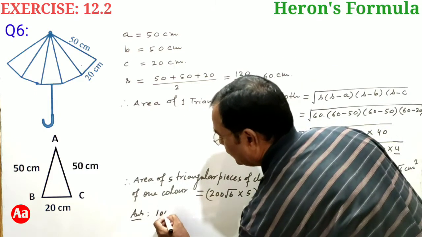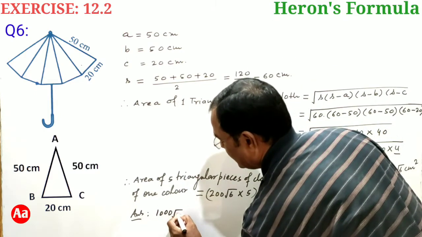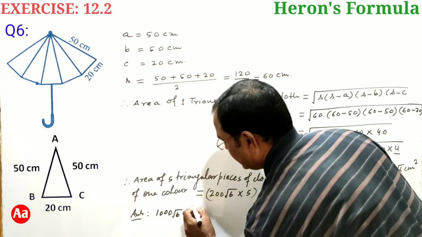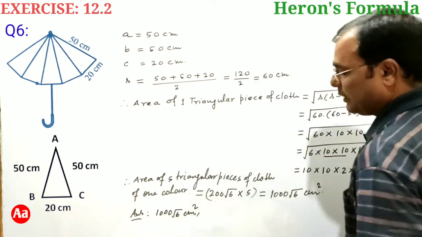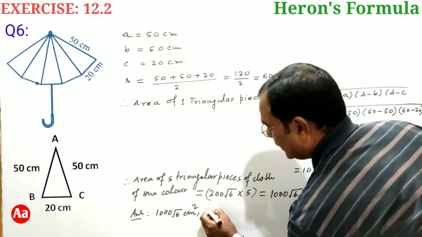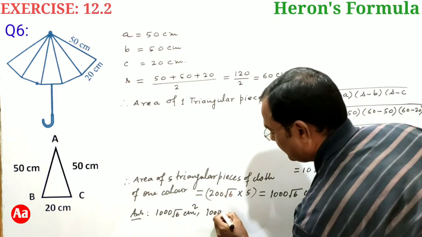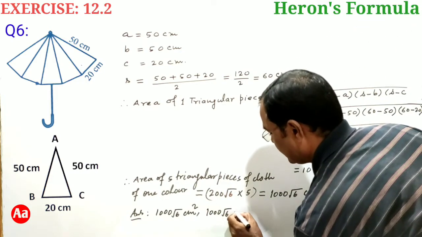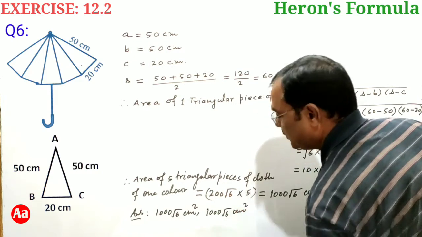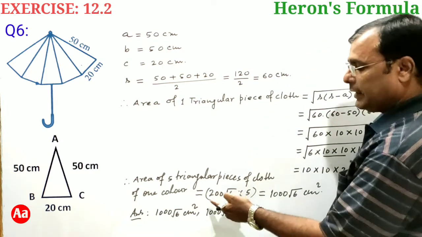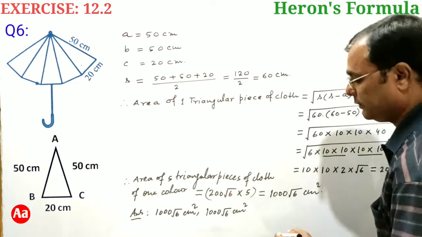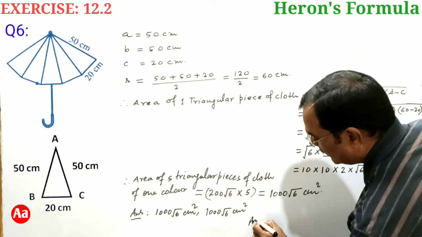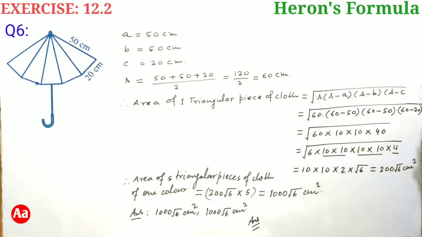So 1000 root 6 centimeter square is the area of one set of 5 triangular pieces of cloth, and 1000 root 6 centimeter square is the area of another set of 5 triangular pieces of cloth, and this is the final answer.